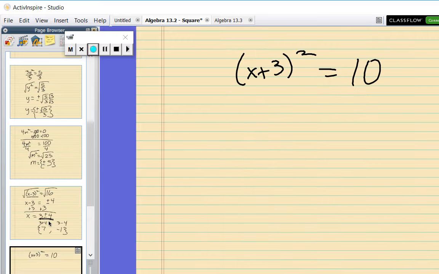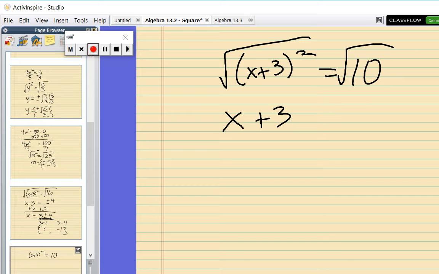Okay, try this problem. The square term is already by itself, so we're going to square root both sides. X plus 3 equals positive and negative radical 10. Good. I think we did something like that in an earlier frame. Just get x by itself now.